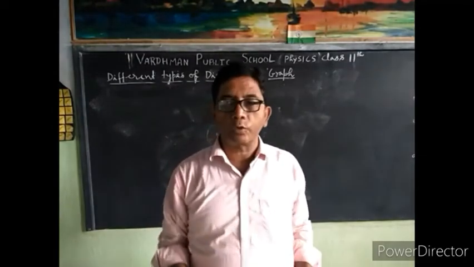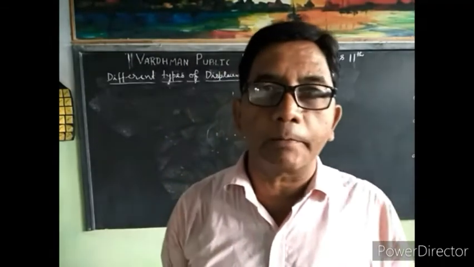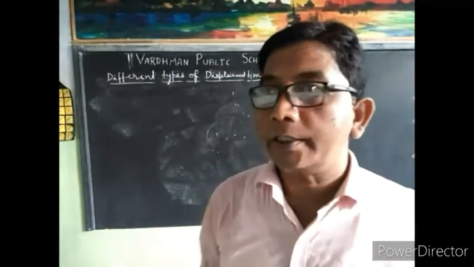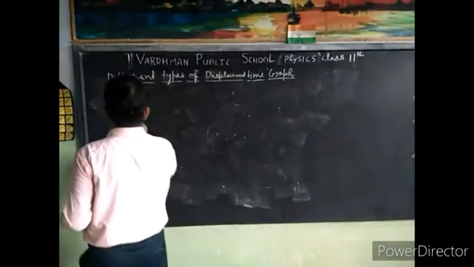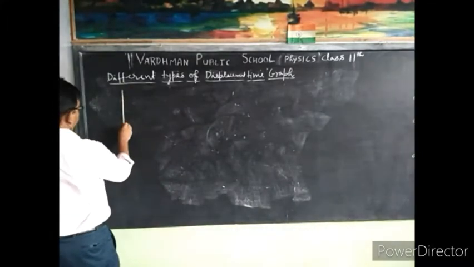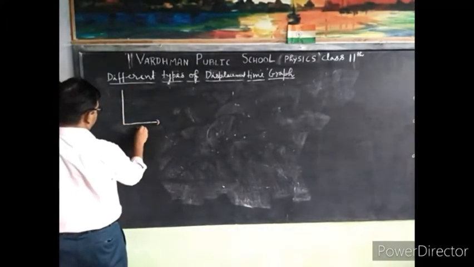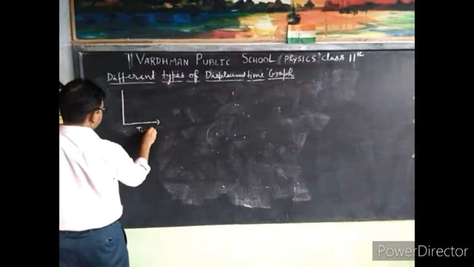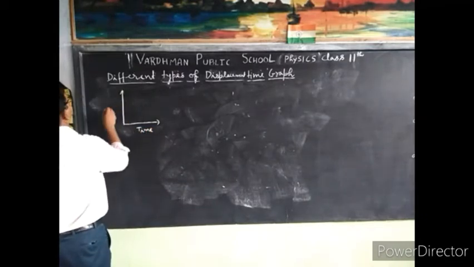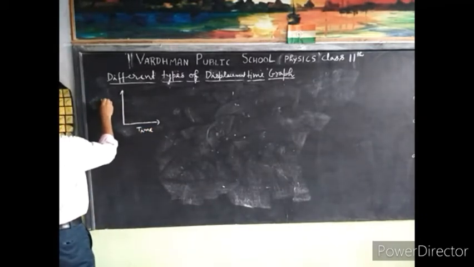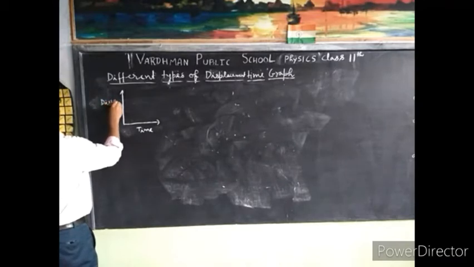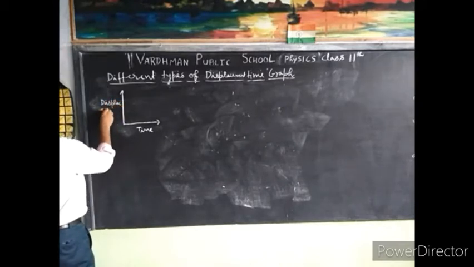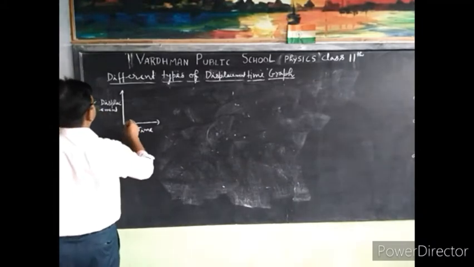Since we know that the slope of a displacement-time graph shows velocity, we take time along the x-axis and displacement along the y-axis.